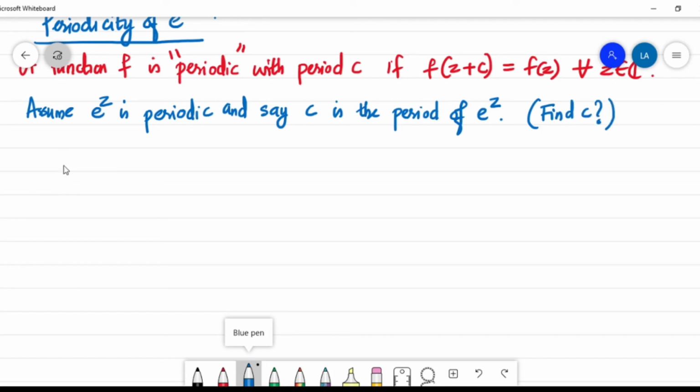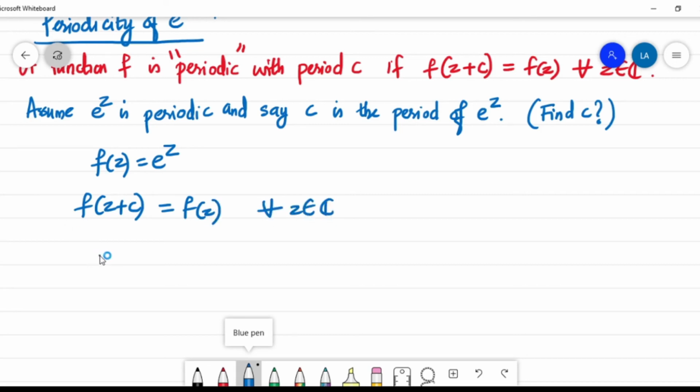Okay. Since C is the period, here we have f of z is equal to e raised to z and C is the period, right. So, f of z plus C is equal to f of z for every z belongs to C. So, that will imply e raised to z plus C is equal to e raised to z for every z belongs to C, right.